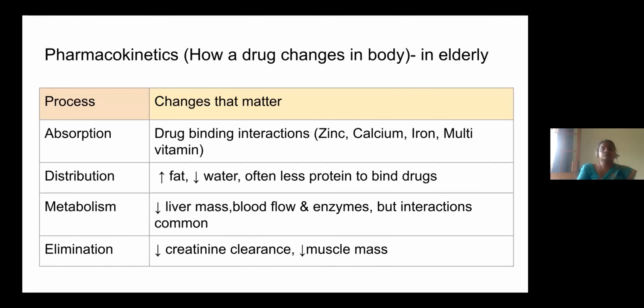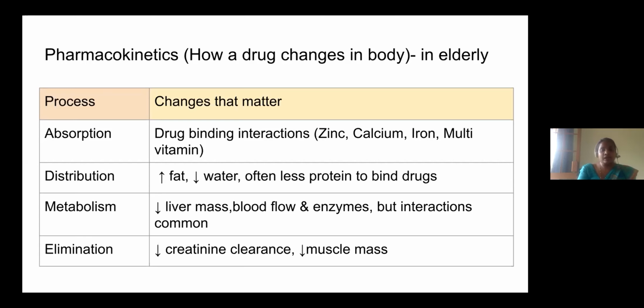If we go through pharmacokinetics in the elderly, polypharmacy affects absorption by drug binding interactions, such as zinc, calcium, and iron interacting with absorption of medicines like thyroxine and alendronate. And distribution: when we become elderly, our body fat content rises and water content reduces.